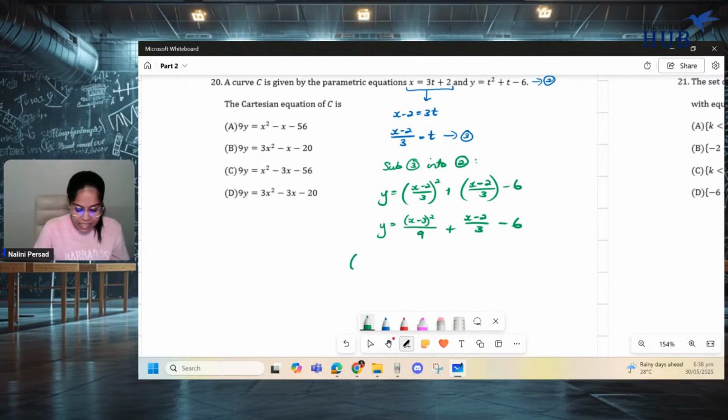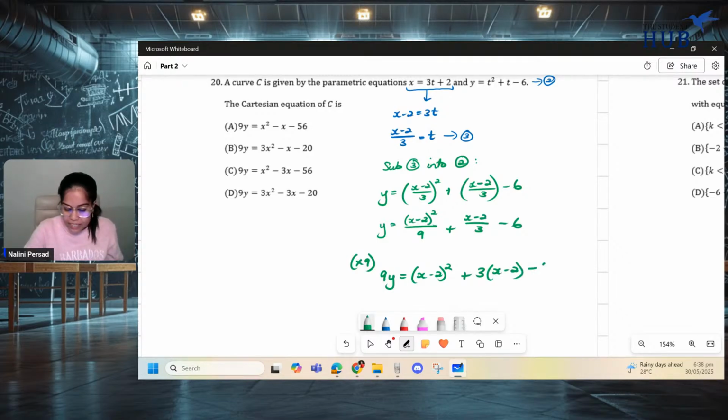So we get rid of them by multiplying by 9 throughout. So we get 9y is equal to x minus 2, right? Hopefully, you all picked up that I wrote the wrong thing there. So I multiply by 9, it gets rid of the fraction, x minus 2 all squared. If I multiply this by 9, it's multiplying the numerator by 3. Yeah, that's correct. Minus 6.